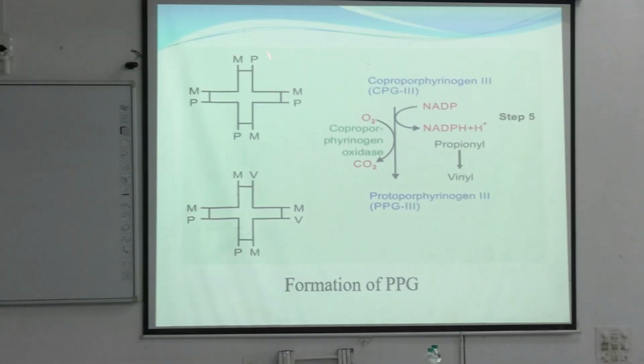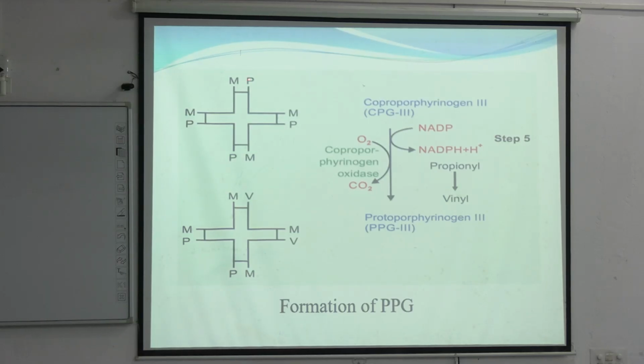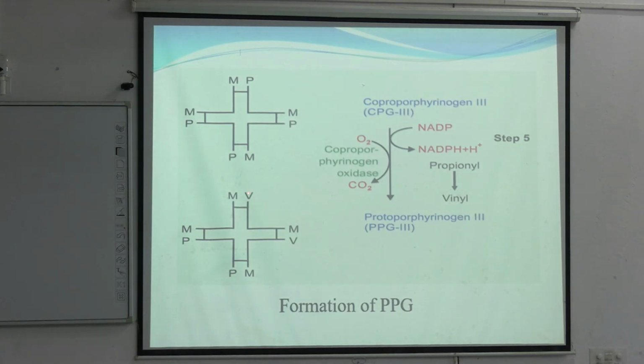molecular oxygen. So what happens here: in positions 2 and 4, 6 and 7, the propionyl groups were there. It will be converted into vinyl in positions 2 and 4, and this requires molecular oxygen, which helps in removal of CO2.